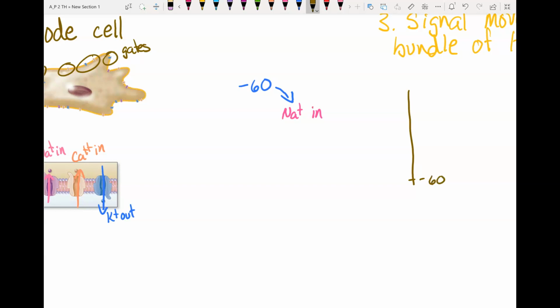When sodium comes in, that raises voltage. Sodium is positive. So sodium is going to raise voltage. Will we raise it to -40? So now we are at -40. That causes the calcium gate to open. Calcium is set to open once voltage hits -40.